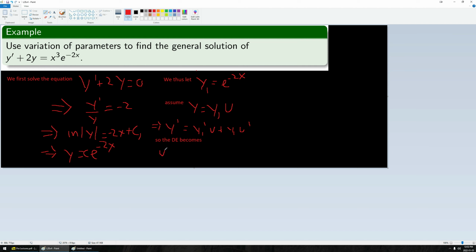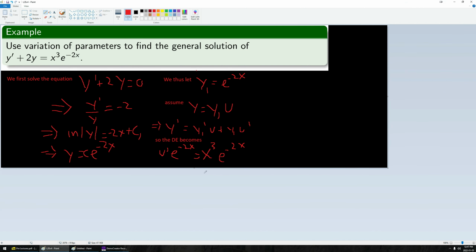So explicitly u prime y1 is just this function here. So u prime e to the minus 2x is simply equal to the right-hand side of this non-homogeneous equation. So in this case, x cubed e to the minus 2x. Okay, so my goal here is to solve this for u.